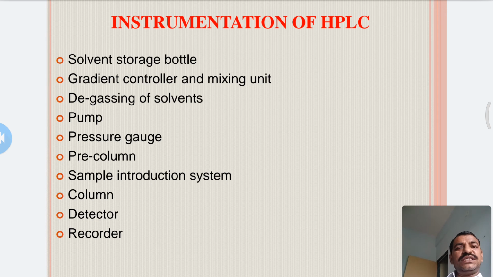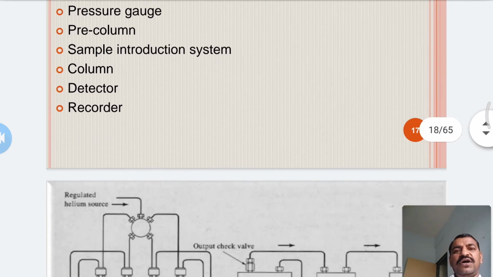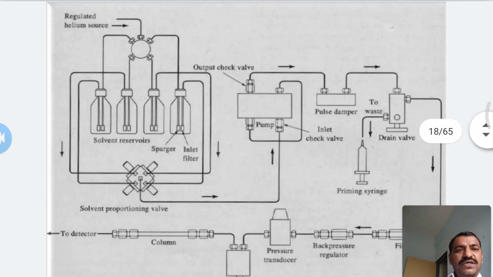Next is the sample introduction system and the column, in which analytes are resolved and form different plates, separating our components, which are transferred towards the detector. The detector detects the analyzed signals and transfers them to the recorder, and the record is displayed on our computer screen.